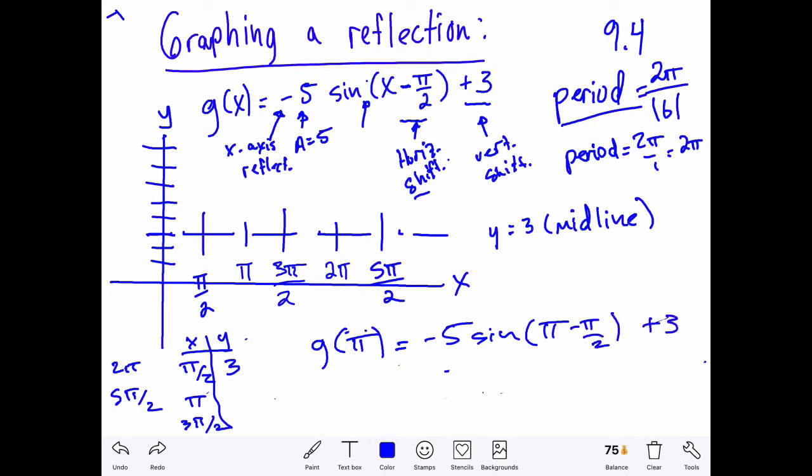Well, pi minus pi halves leaves me with pi halves. Then sine of pi halves, well, that's a 90, so that's the y value at a 90, which is 1. Multiplied by -5 plus 3, -5 plus 3 is -2.